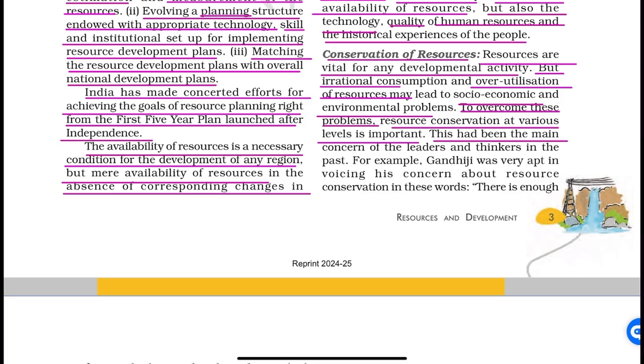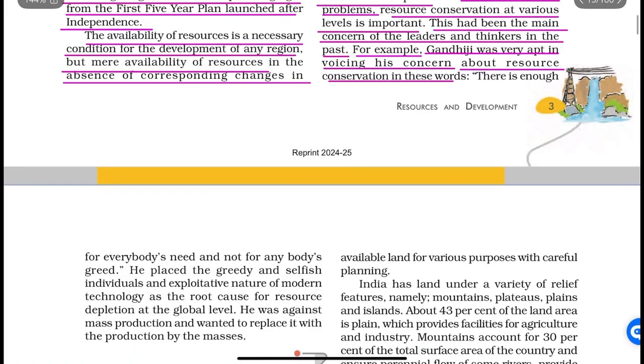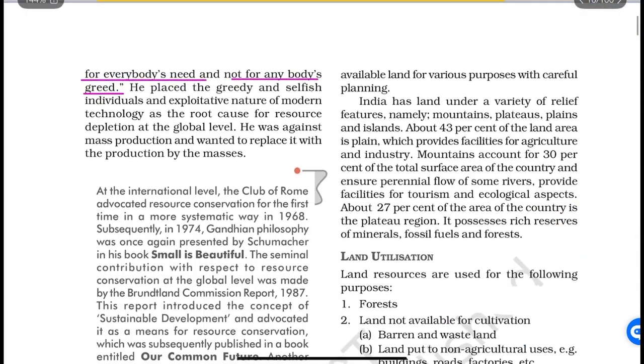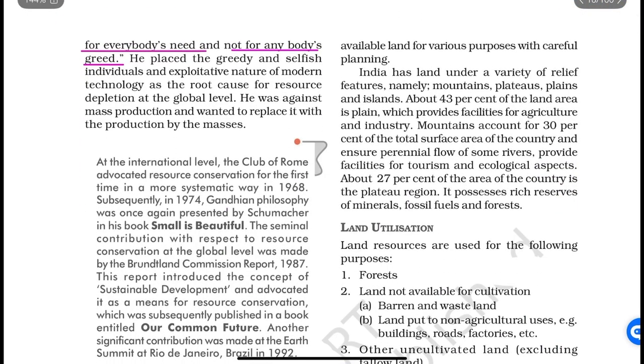This had been the main concern of the leaders and thinkers in the past. For example, Gandhiji was very apt in voicing his concern about resource conservation in these words: there is enough for everybody's need and not for anybody's greed. So this was a quote by Gandhiji.